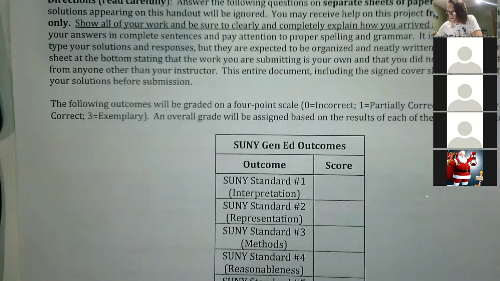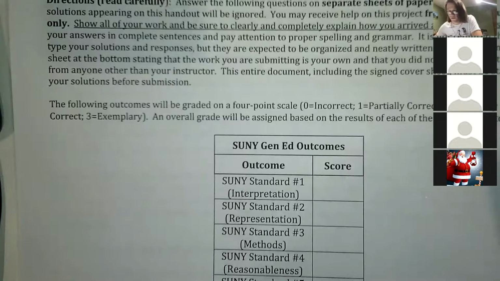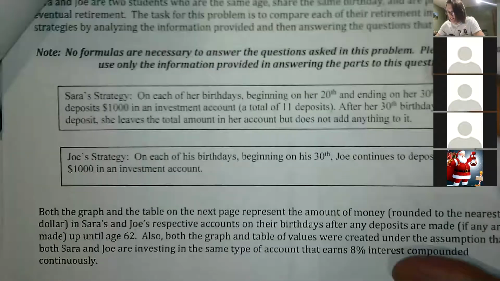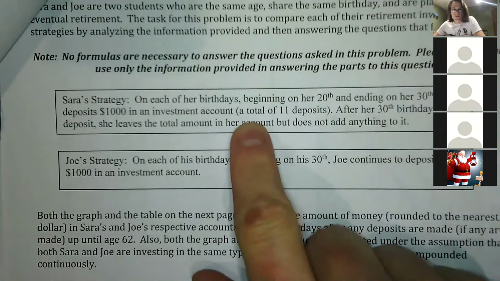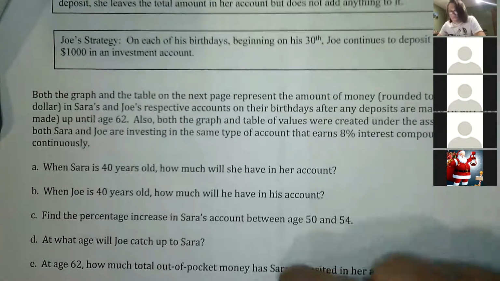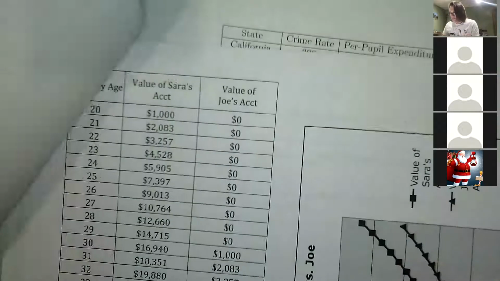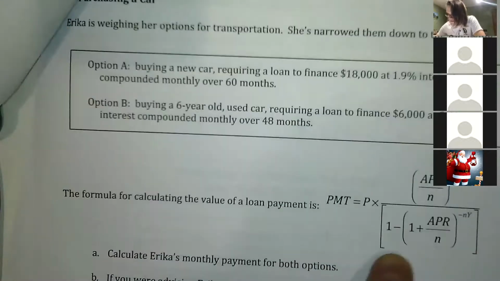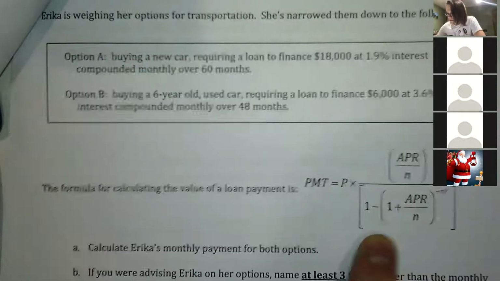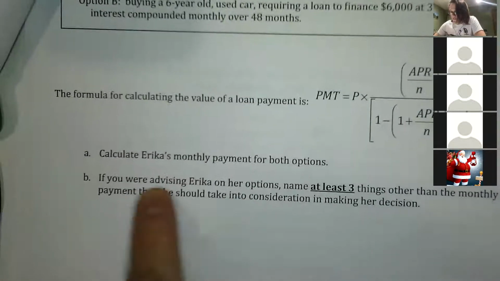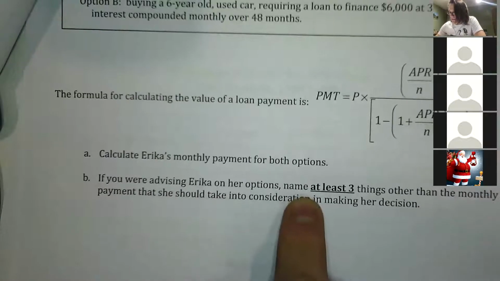I do need those, and it will count as a project grade. So don't forget. It is only 5 questions, and I didn't write this. It's relatively nice. They tell you what you need. Like this one says no formulas necessary. When you do need a formula, like this one, number 3 or 4, it gives you the formula exactly, so you just plug things in. This one isn't even really math related.